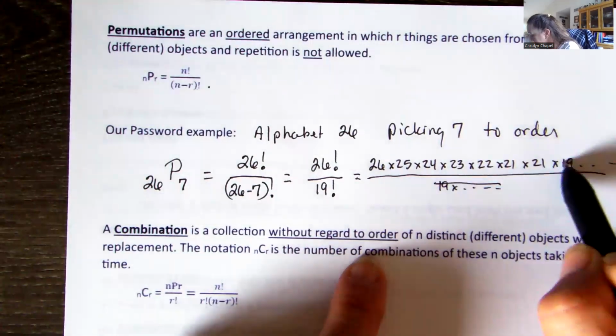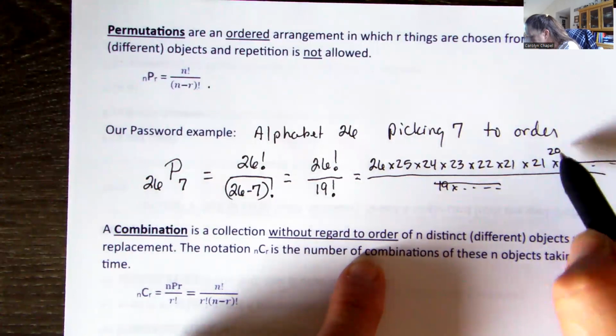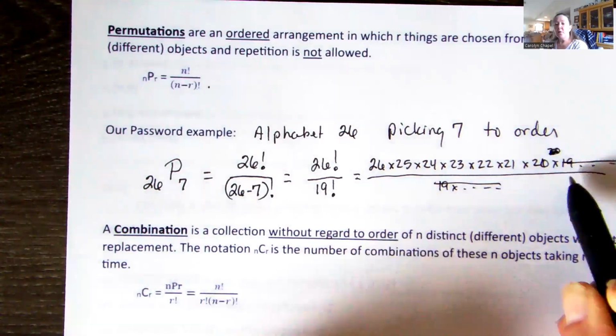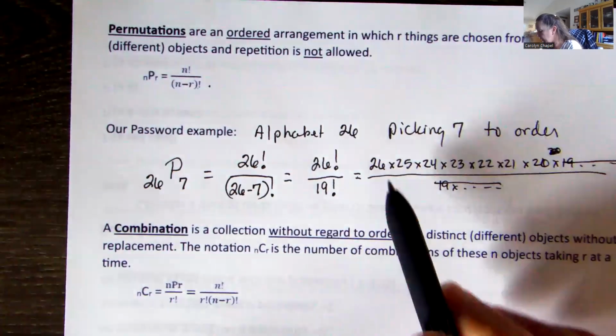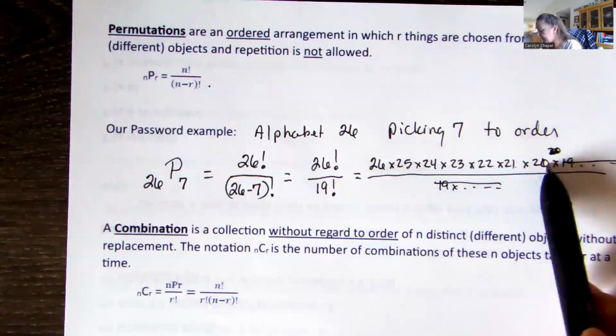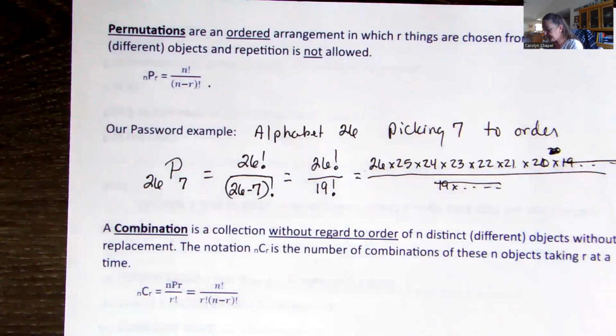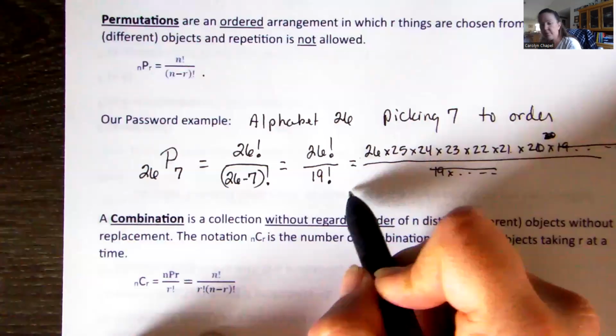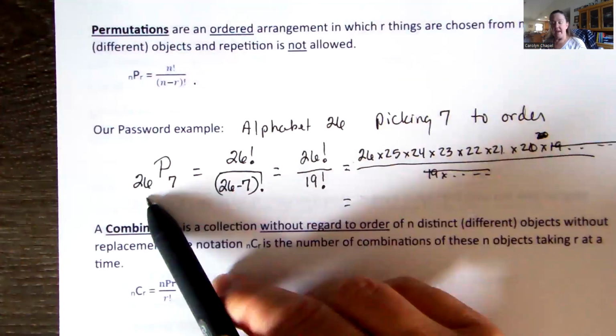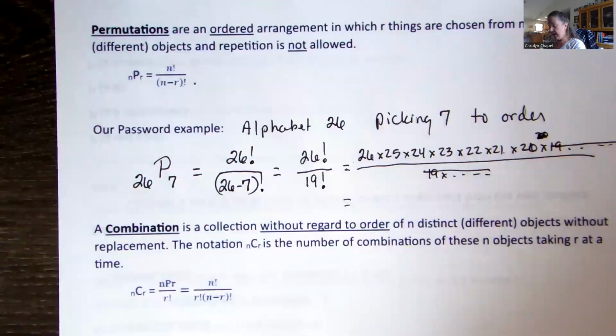Those pieces would cancel, and I'd have that 1, 2, 3, 4, 5, 6, 7 piece that we had before. So we should get the same value. So we could go this route, but I'm going to show you how to use that button on your calculators if you have it.